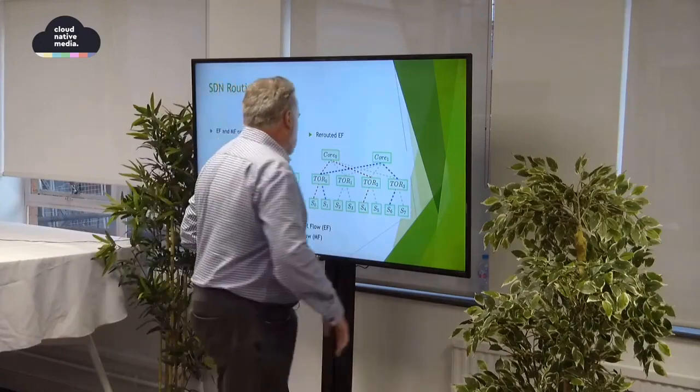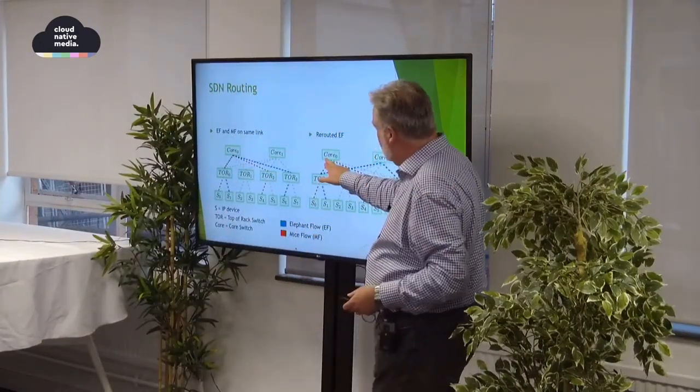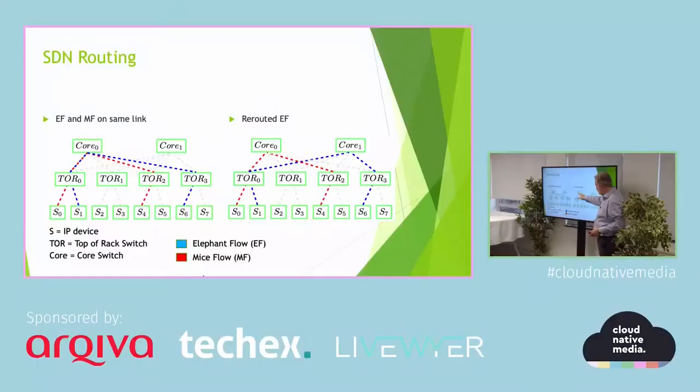With rerouted elephant flows, what we can do is tell the top of rack switch, instead of sending both to core switch 0, to send one to switch 0 and the other to switch 1, the other part of the spine. So this time your mice flow is being sent on a different link to your elephant flow.